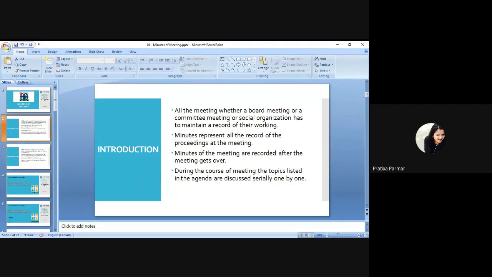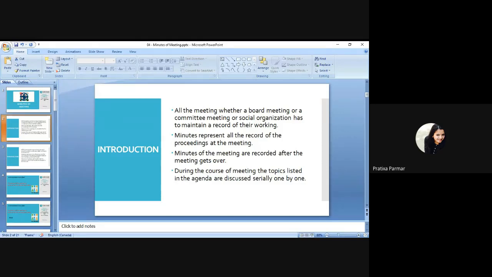So the minutes of the meeting is a kind of official document where you can maintain whatever things you have discussed in the meeting. Either it could be a board meeting or a committee meeting or a social organizational meeting. Any meeting that you are attending, it is always a good idea to keep a record of that. Minutes represent the record of the proceedings at the meeting.